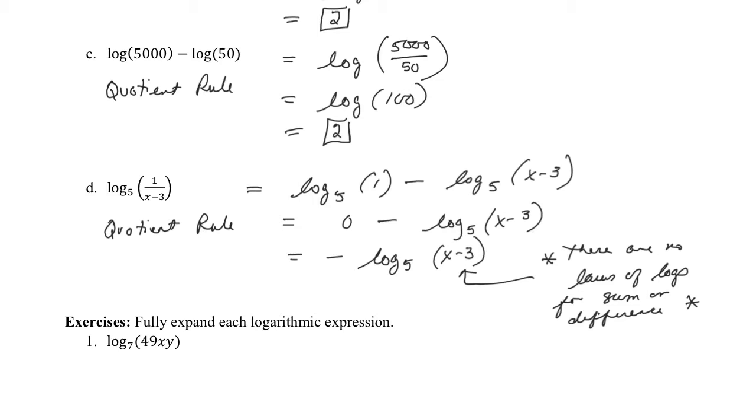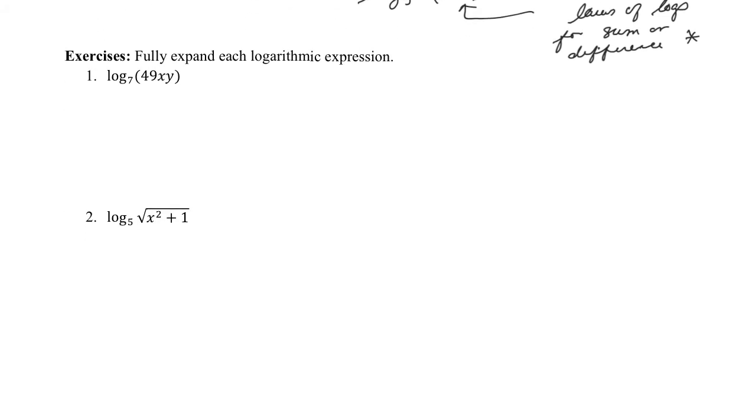All right, so next one. For the following, we're going to fully expand each log expression. So the first one is the log base 7 of 49xy. So that's 49 times x times y. So I'm going to use the product rule here to fully expand. So this will be equal to log base 7 of 49 plus log base 7 of x plus log base 7 of y.